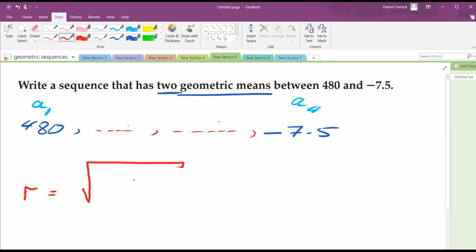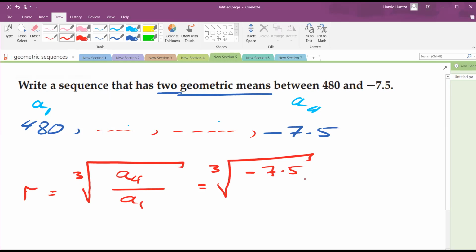R, if non-consecutive terms are given, will be A4 over A1, and the index of the root will be the difference between their orders. 4 minus 1 will be 3. So it will be the cube root of negative 7.5 over 480.